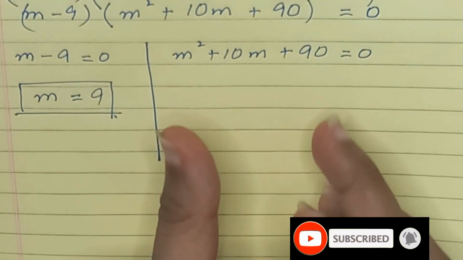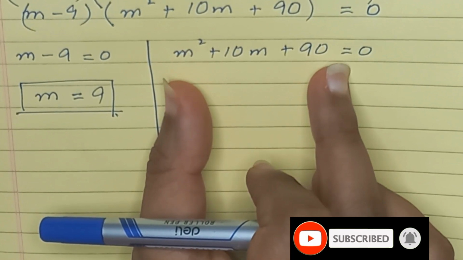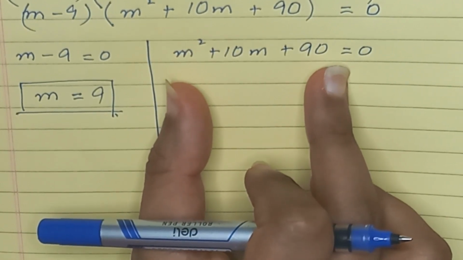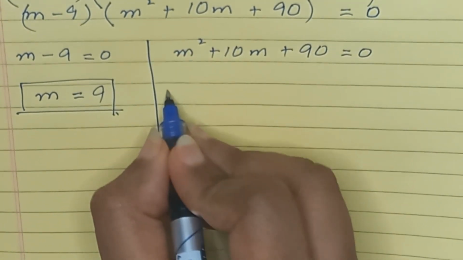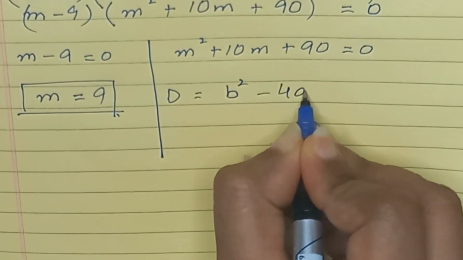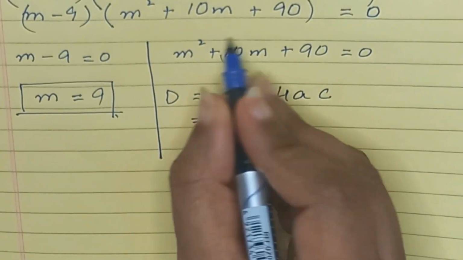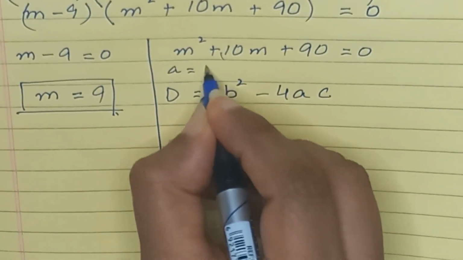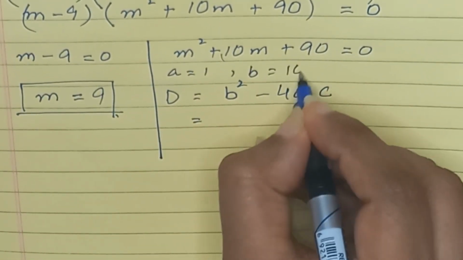First of all, we will take its discriminant and check whether a solution is possible or not. The discriminant is b square minus 4ac, where a is equal to 1, b is equal to 10 and c is equal to 90.